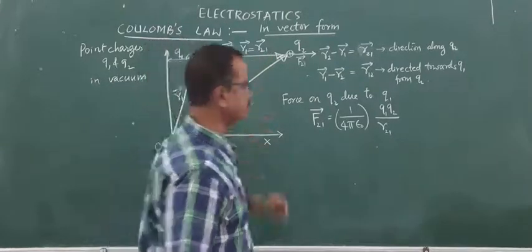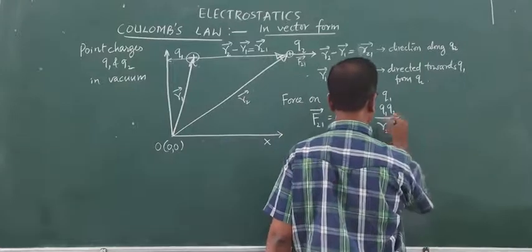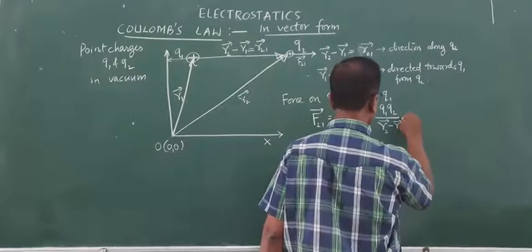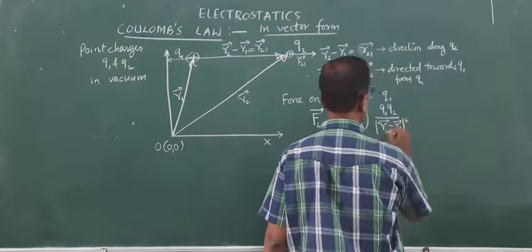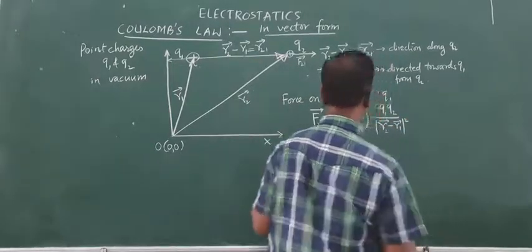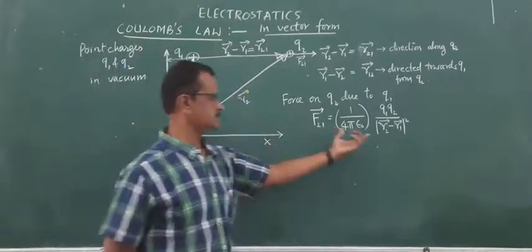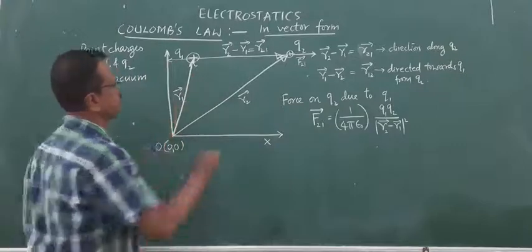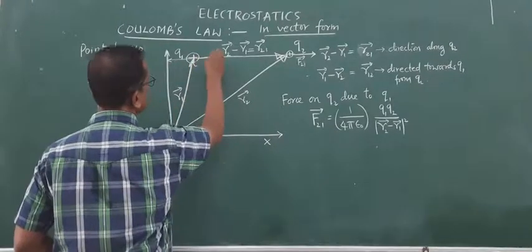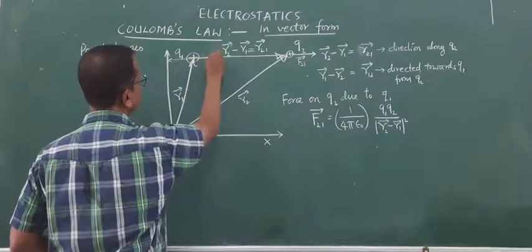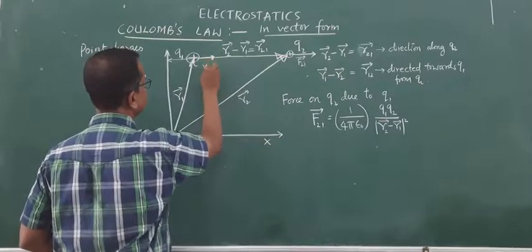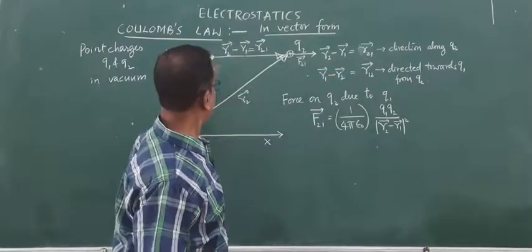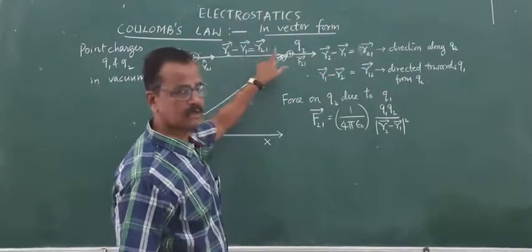I can write one step here: R2 vector minus R1 vector, square of this, into the direction, because this doesn't give us direction. Direction should be the unit vector along Q2, which is nothing but the R21 vector direction.